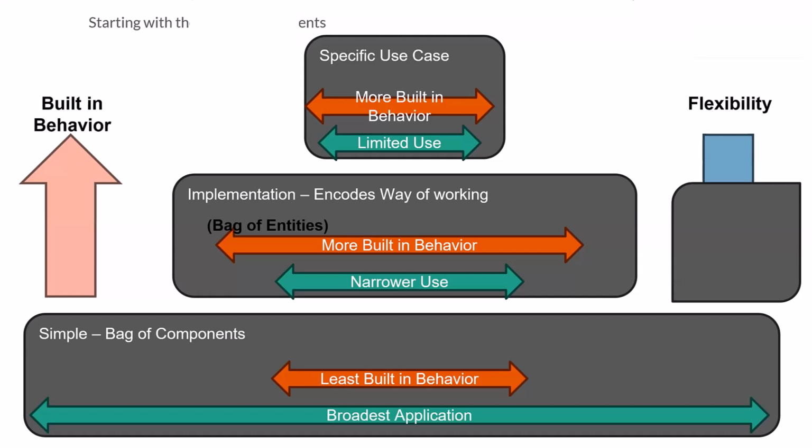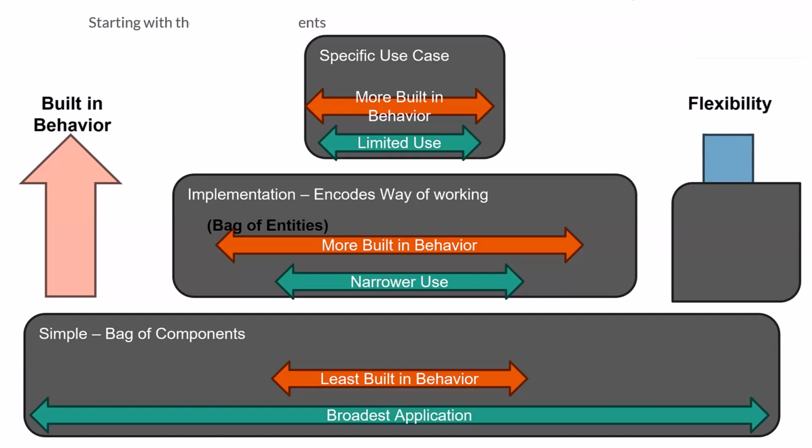So I don't see that we necessarily have to choose. I think we can have both worlds because we'll have the specific use cases built on top of the simple bag of components. Well, at least from my perspective, that's the question, because there are potentially many use cases that shape the data in different directions.